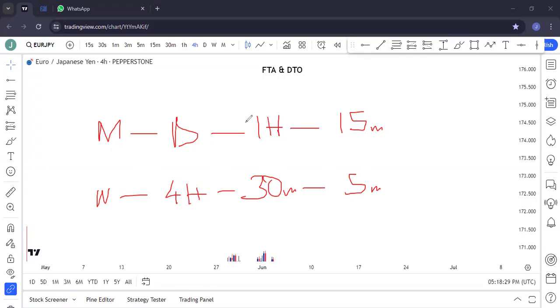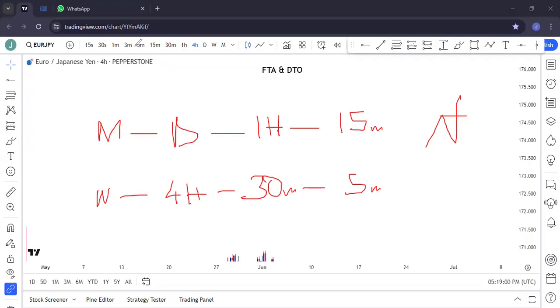Now, we have to find FTAs, and we say FTA is the confirmation of the structure, whether the structure really breaks the high or the low. So how do we verify?